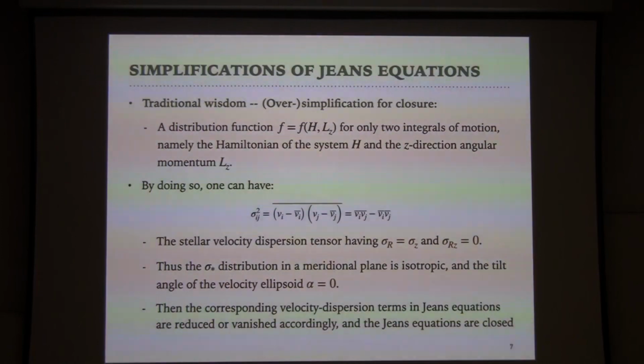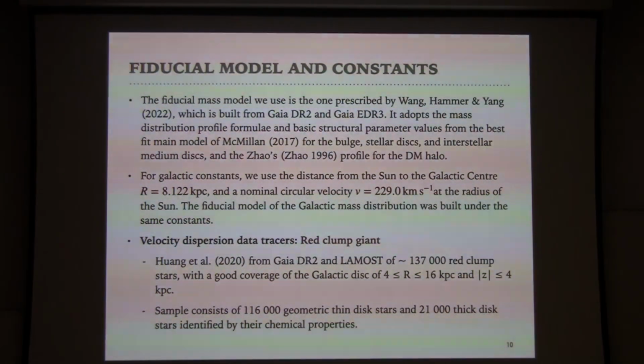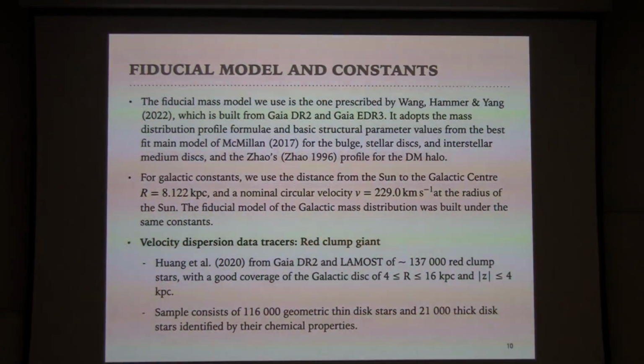Okay. But I'm more interested to know the part which you said about the interstellar medium disks, because Xu-Fen Wu, who worked with me in her thesis, we tried to model the interstellar medium part in multiple components.